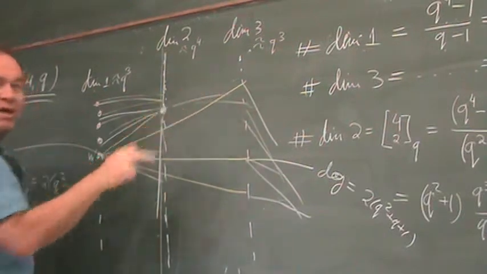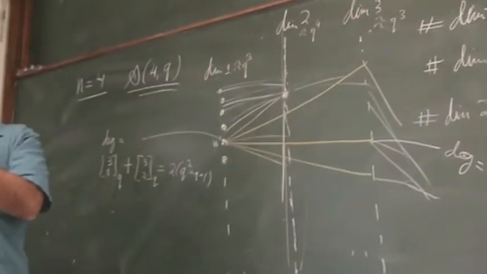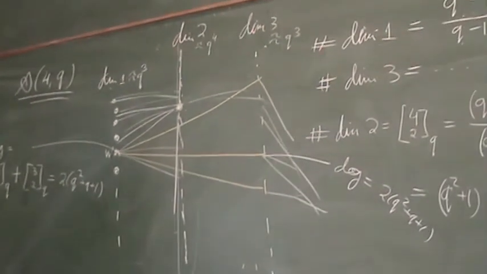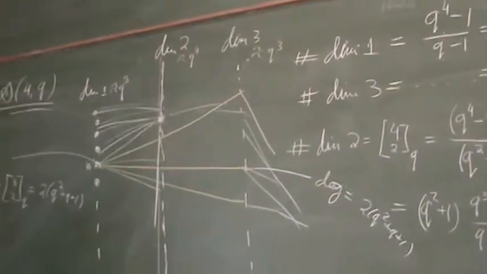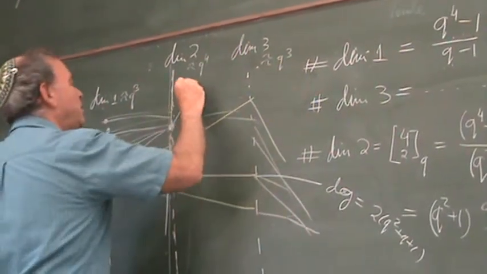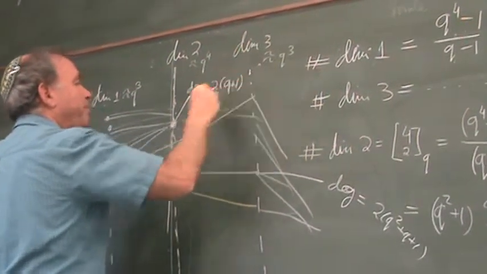But the degree to the other side is also Q plus 1, because a space of dimension 2 inside a vector space of dimension 4 is contained in exactly Q plus 1 subspaces of dimension 3. So the degree here is only 2Q plus 2.